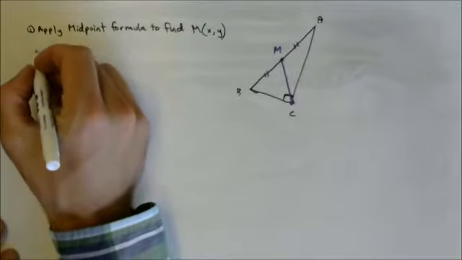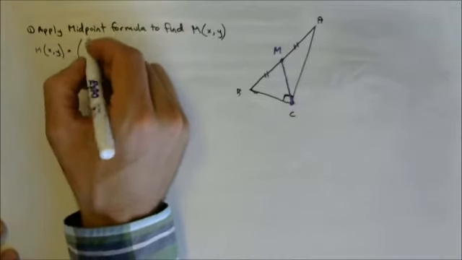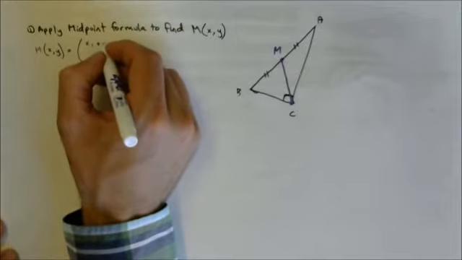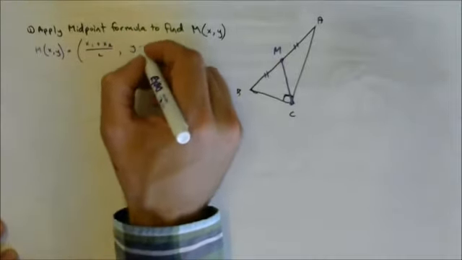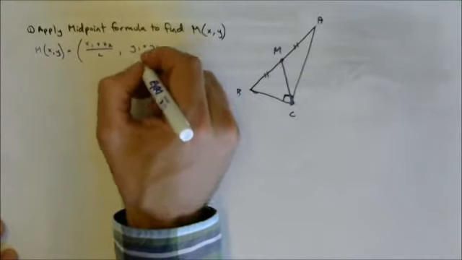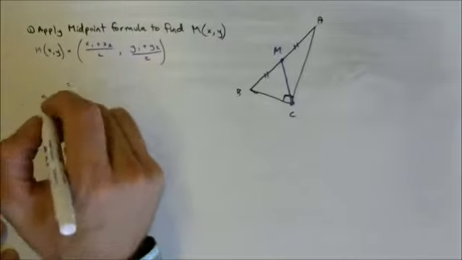All right, what does that look like? M(x, y) is equal to the average of our known x coordinates and y coordinates. Fill in what we know. We know the coordinates of A are (5, 5).